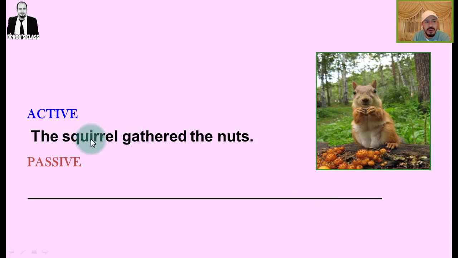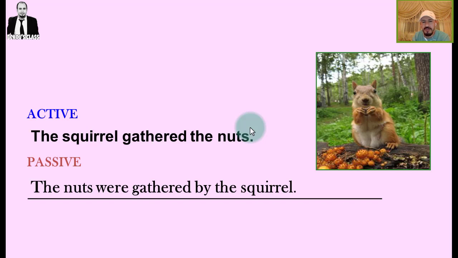We have the subject, which is the agent, and the verb, in the simple past because we have ed, and then we have the nuts. So it becomes the nuts were gathered by the squirrel. By the squirrel, sometimes by the subject, it's optional. You can do without it sometimes.